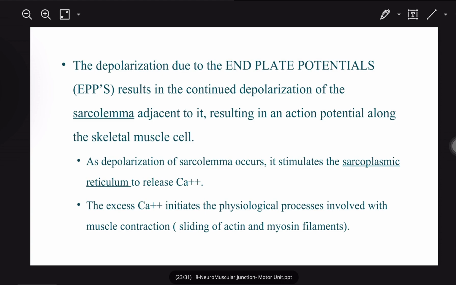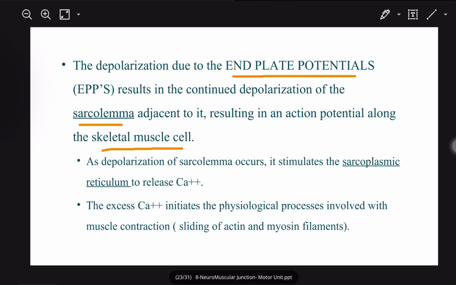The depolarization at what we call the end plate potential, EPP, results in a continuing depolarization of the sarcolemma, resulting in an action potential along the skeletal muscle cells. This sheath transfers the depolarization into the whole muscle connected to the motor unit.